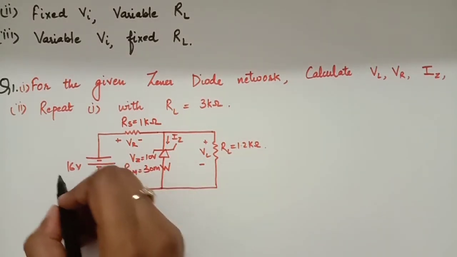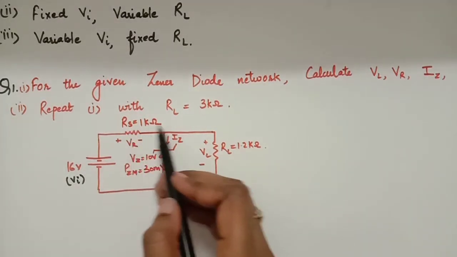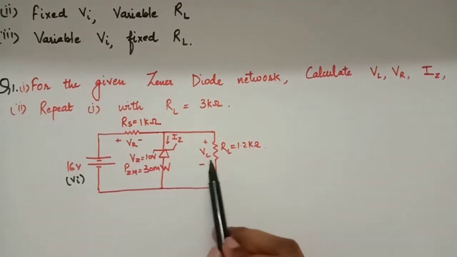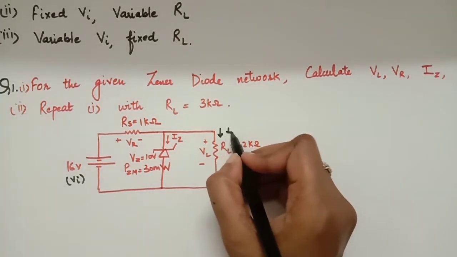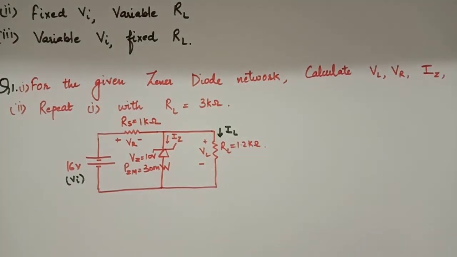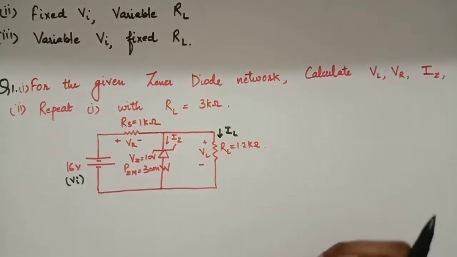Let us assume 16 volt as Vi because this was the input voltage. RS is given 1 kilo ohm. We have VR, VL and RL, and the current through VL, RL will be IL. So you can yourself write this if it's not given in the network.